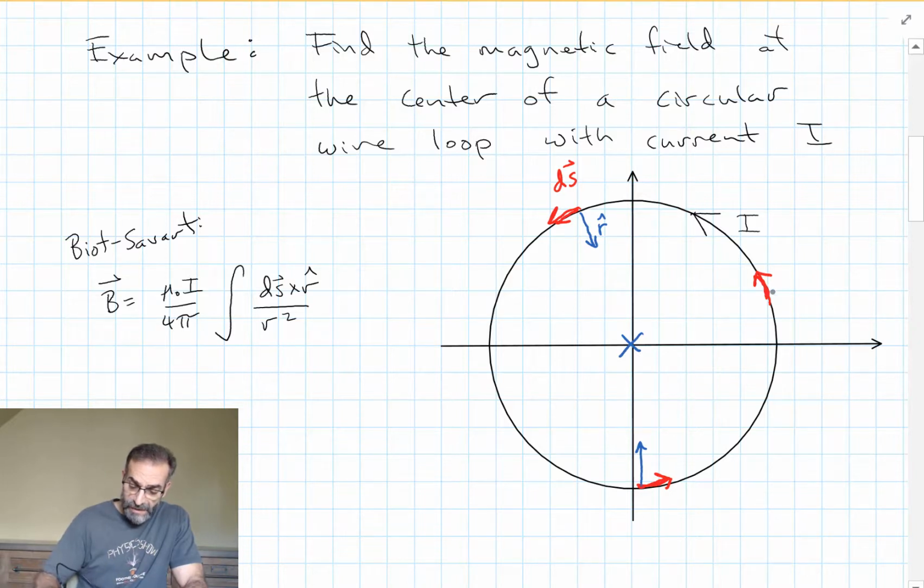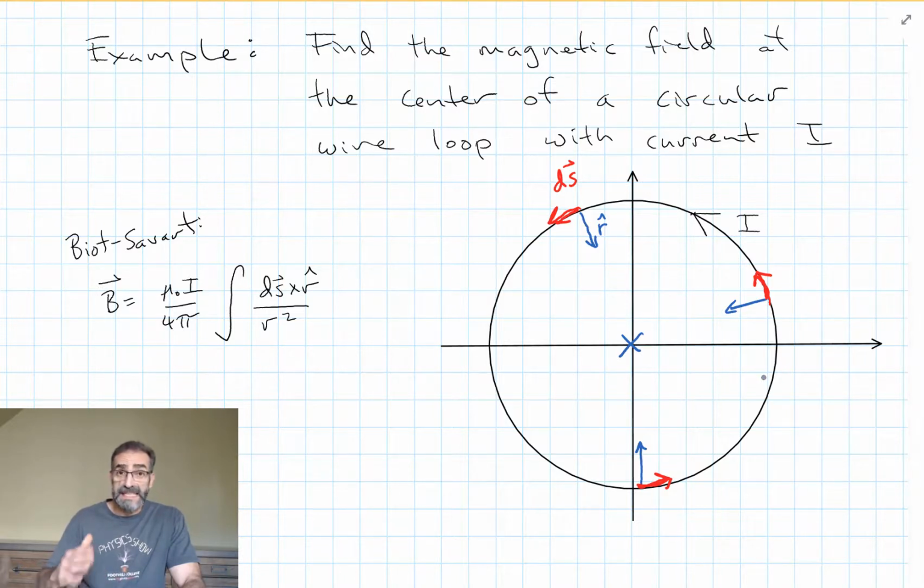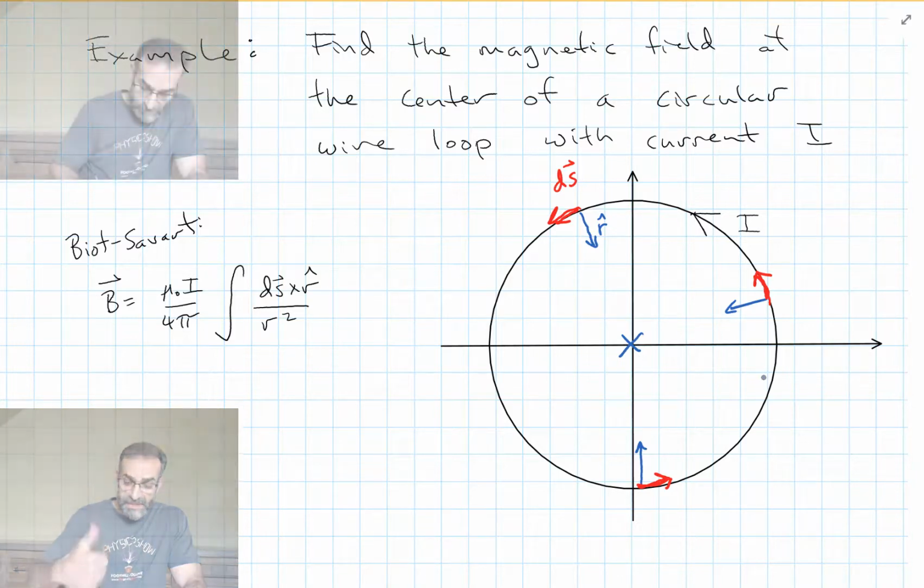And if I'm at the third location, r hat still points toward the center of the circle. So at any of those locations, if you do the cross product, ds cross r hat, you should get out of the page.